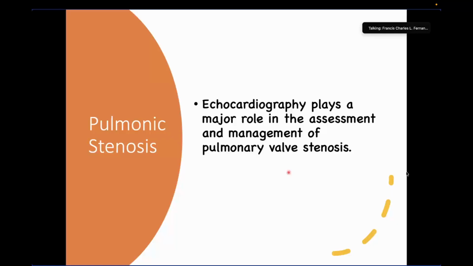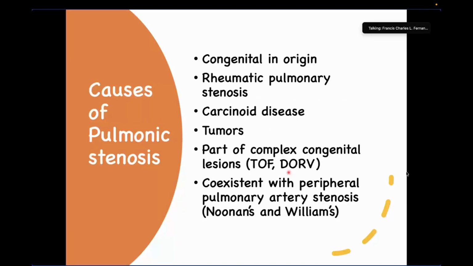So the problem that we can have is pulmonic stenosis, usually part of congenital disease, or if secondary, very rare. So usually congenital. Rheumatic pulmonary stenosis is very rare. Carcinoid disease, yes. Tumors, yes.